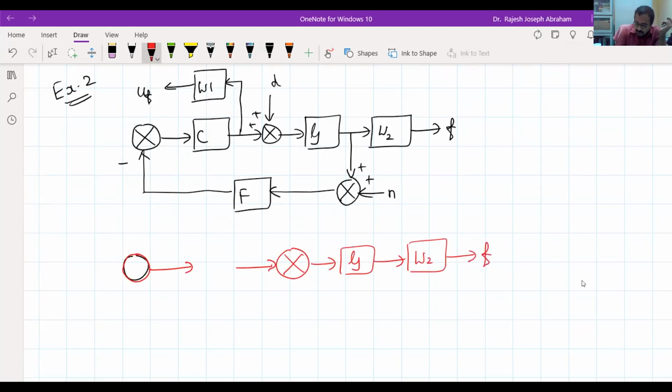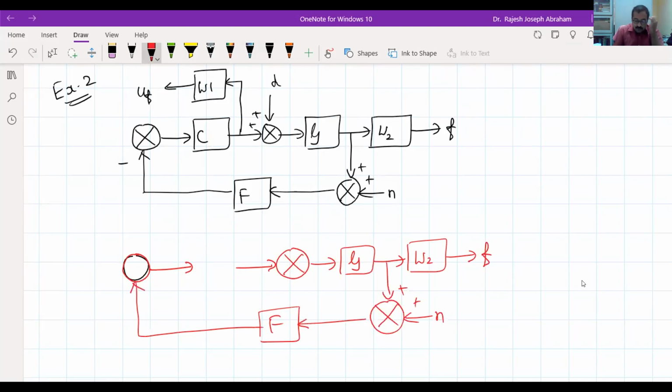This is F. Here is our noise N, plus plus. This is F. This is minus. Here is our W1 block. Everything else will remain the same. Only thing is that we are just cutting the controller block and removing it from the block diagram. That's all. Nothing else.